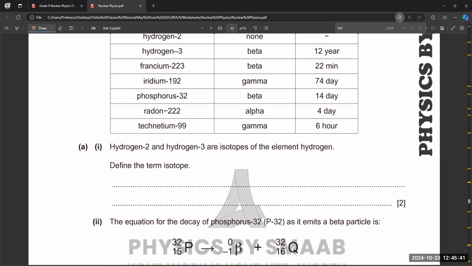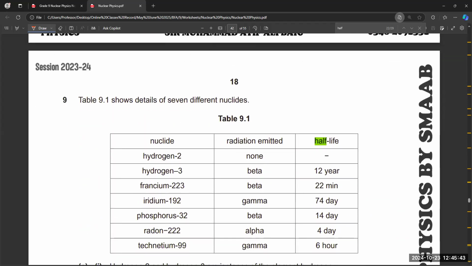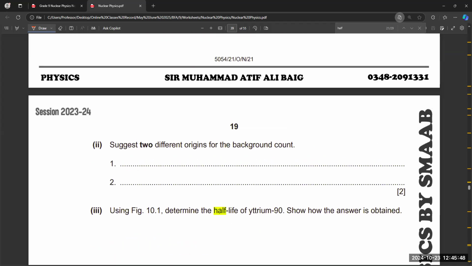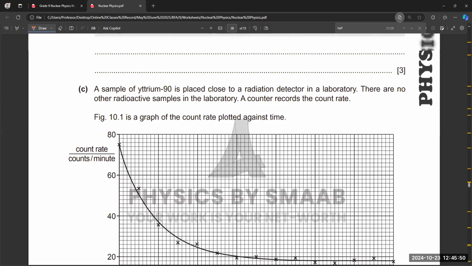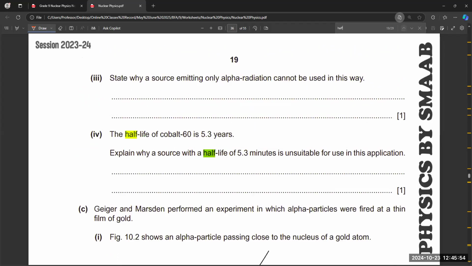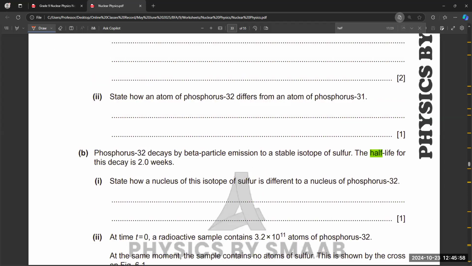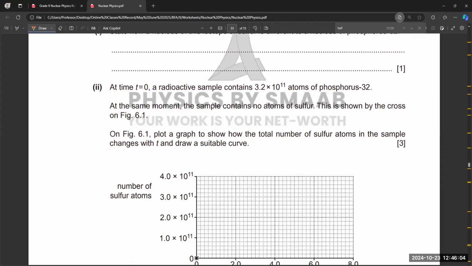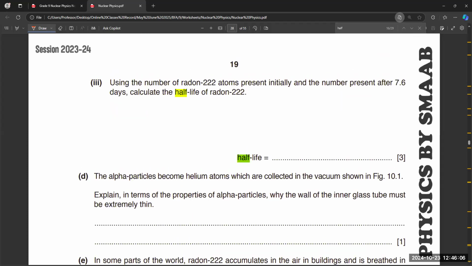Okay, this is isotope. Sir, I want to ask, if there is an atom or an element that has no radiations, what would that nucleus of the atom be called if it is not emitting any radiation?